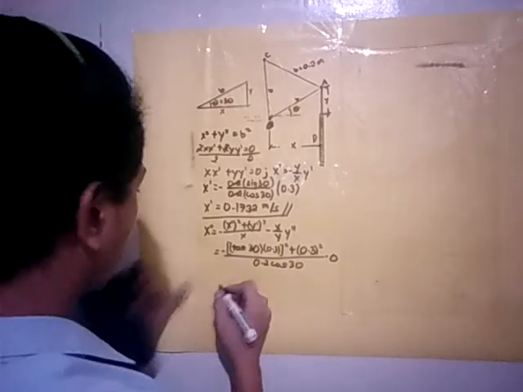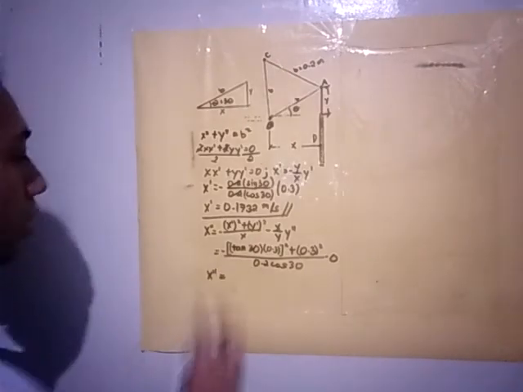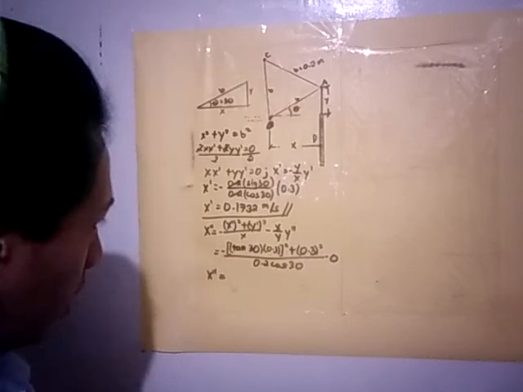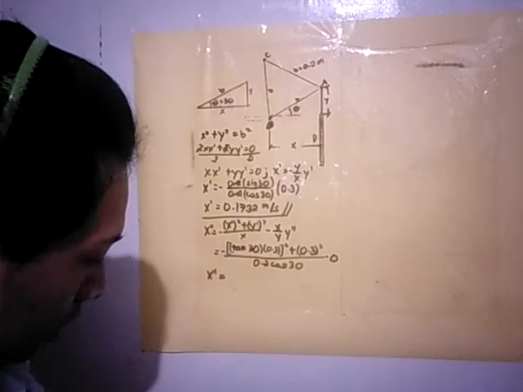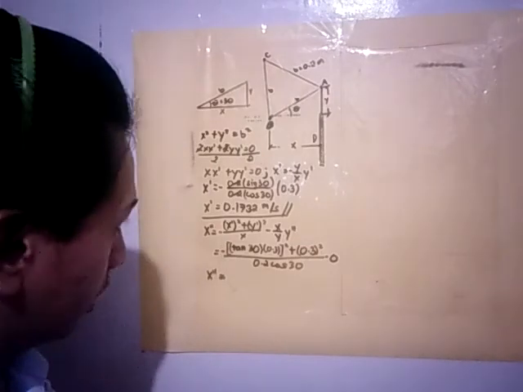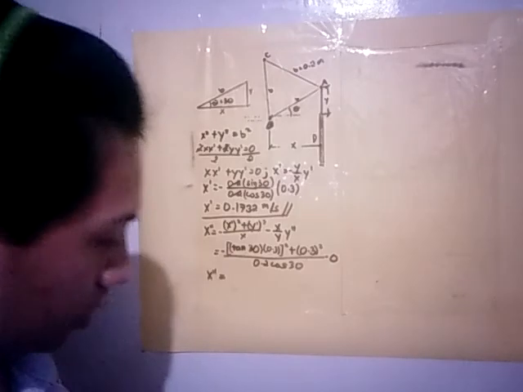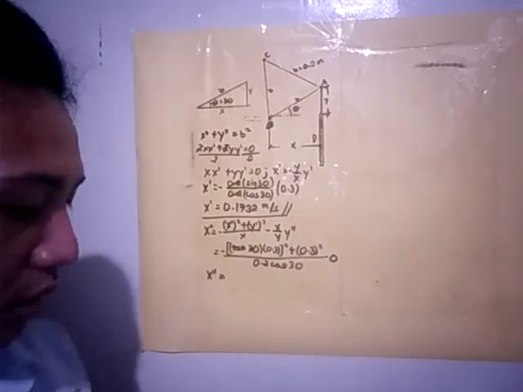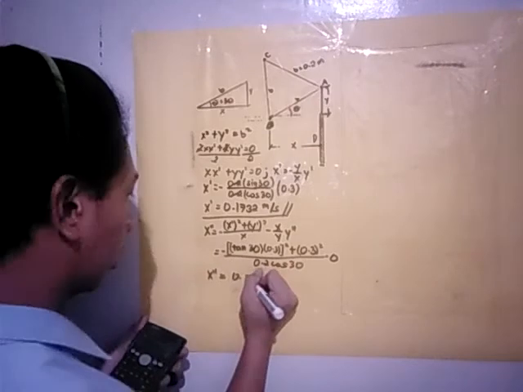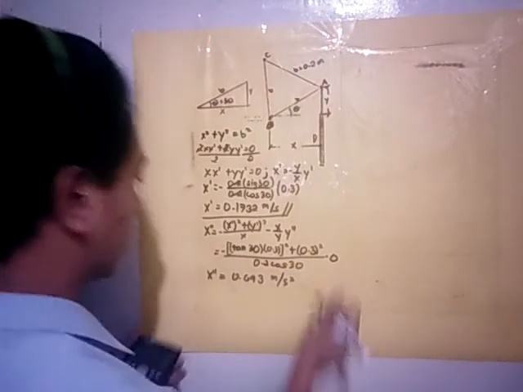So computing this one, we will now get acceleration at point B, which is x double prime, na tangent 30 times 0.3 square plus 0.3 square, divided by 0.2 divided by cosine 30, is 0.6928, or simply 0.693 meter per second squared.